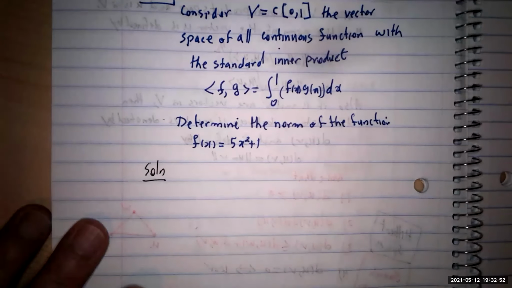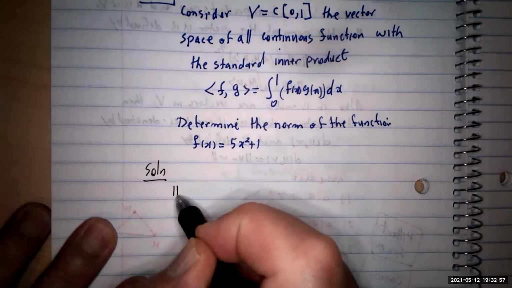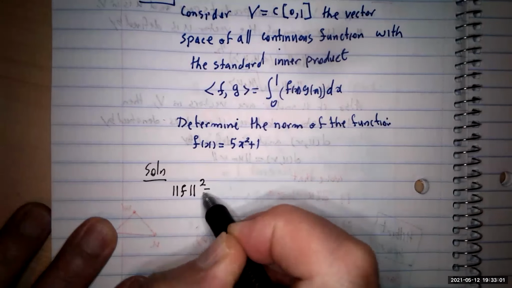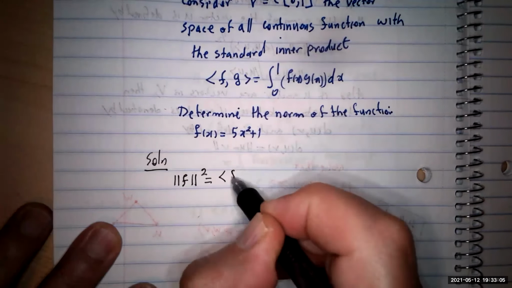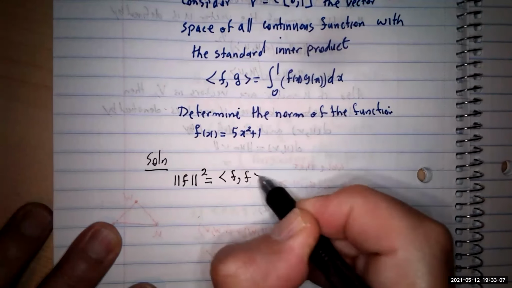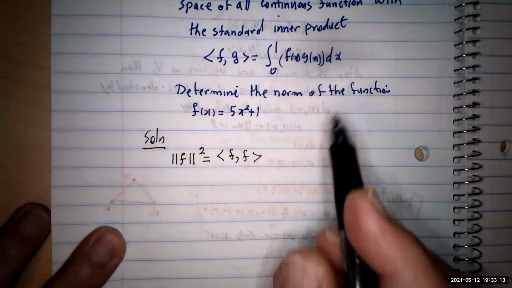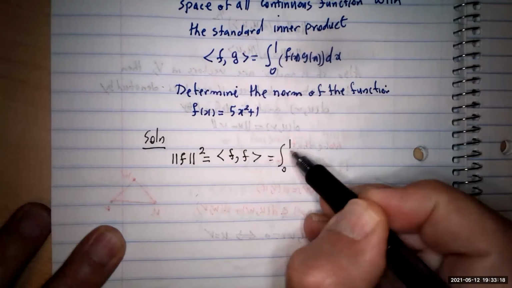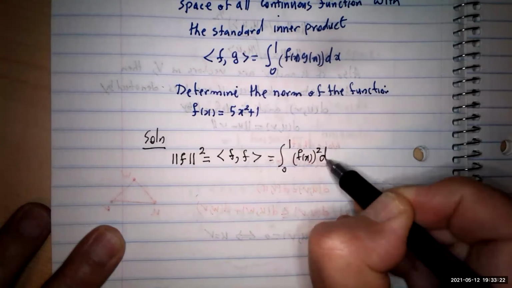Solution: definition of the norm. You know that this is it. So the norm of f, you can go with the norm squared as we did before. Norm of f squared is going to be, not the dot product this time, the inner product of f and f, which is the integral from 0 to 1 of f(x) squared dx.